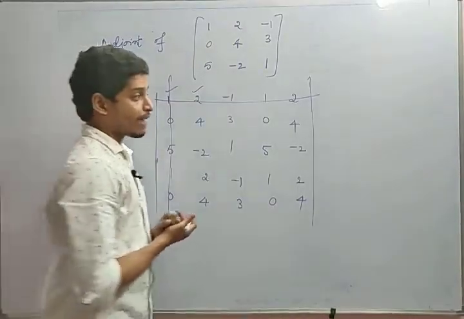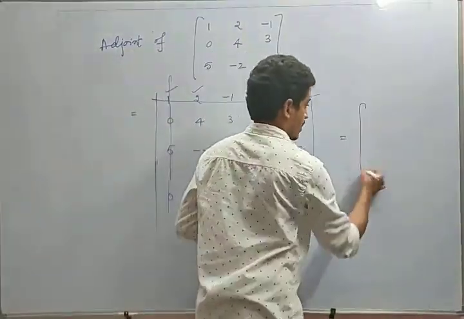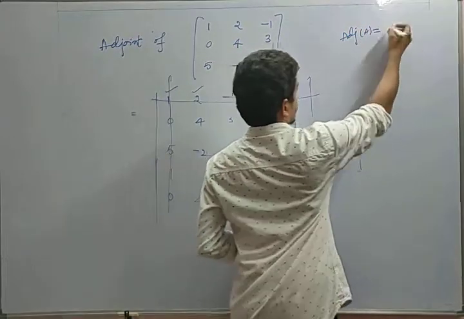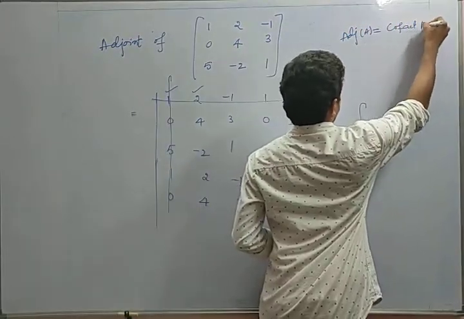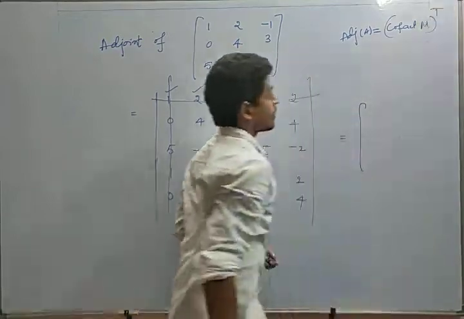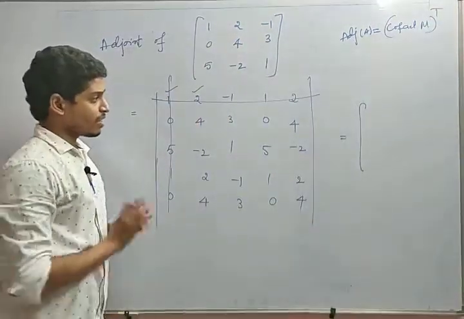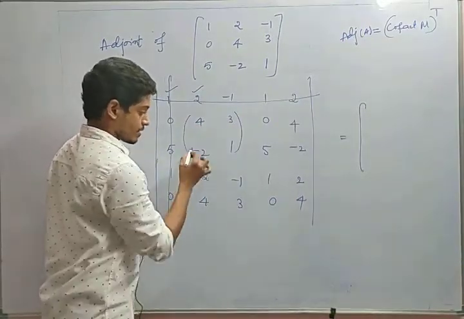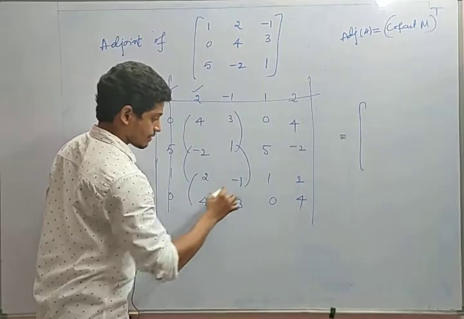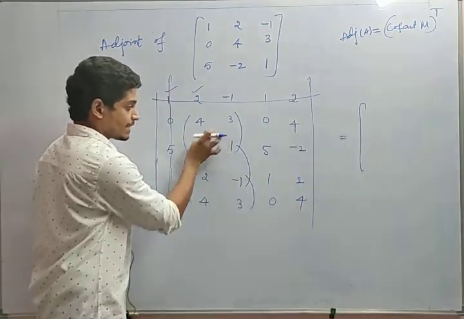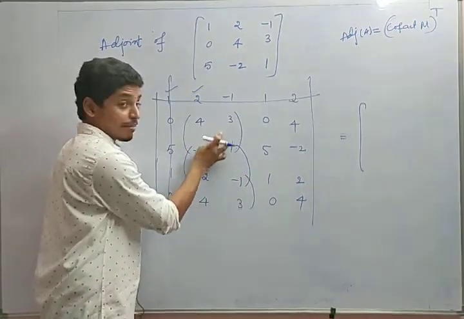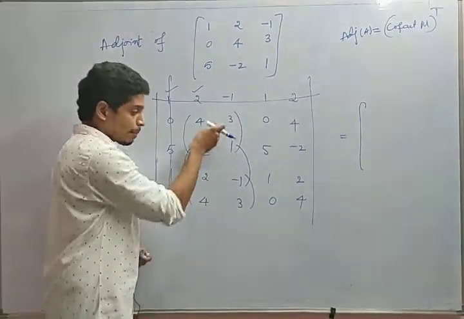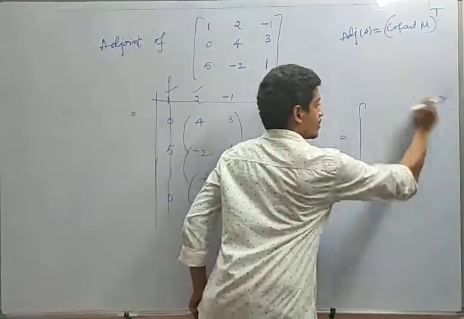Now what you have to do is, listen, we already know that the adjoint of a particular matrix is equal to the cofactor matrix whole transpose, right? Now see friends, this is one particular matrix, this is one particular matrix, and this is one particular matrix. Whatever determinant you find here, that is a minor. You find it in a vertical line, and you apply these three minors in a horizontal way.